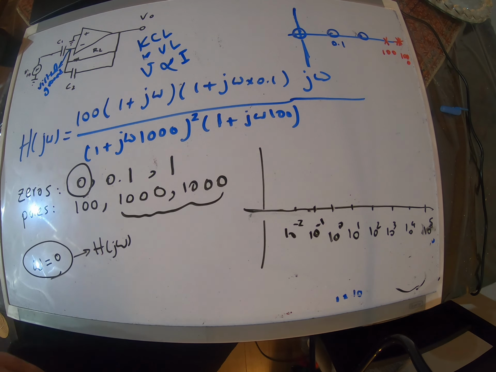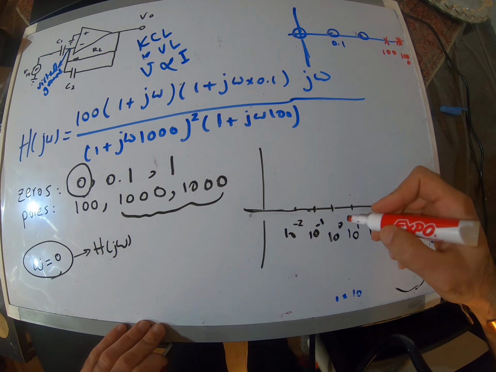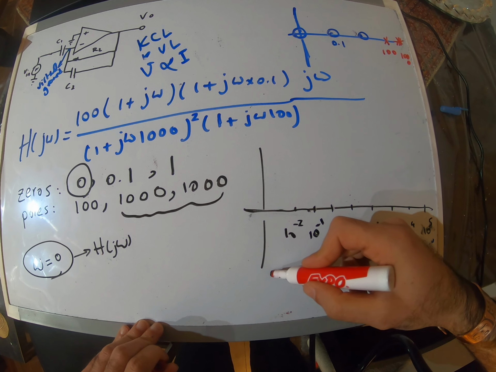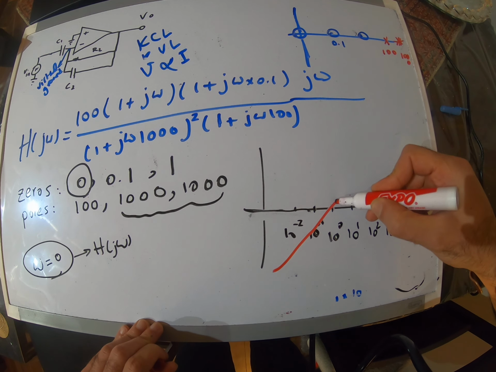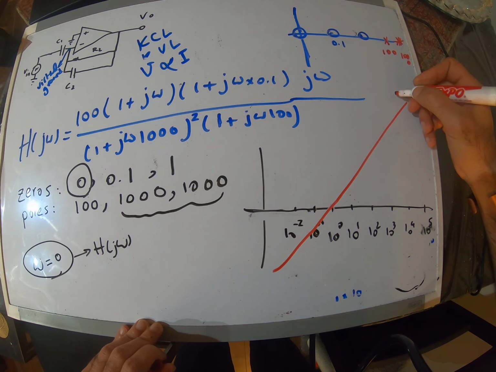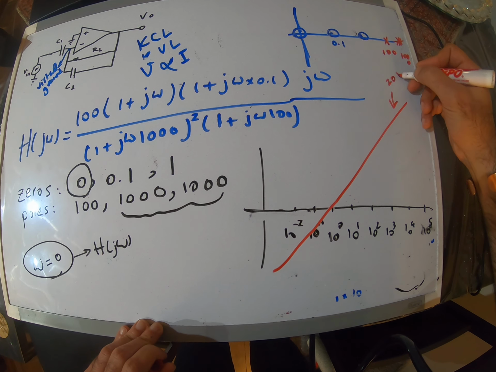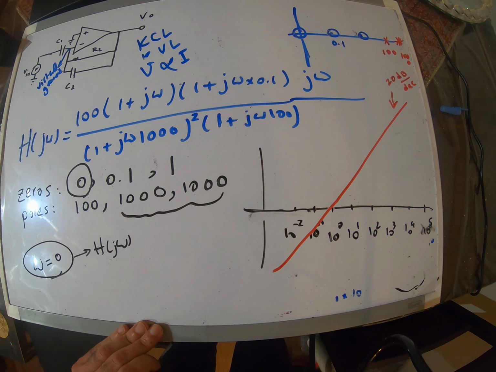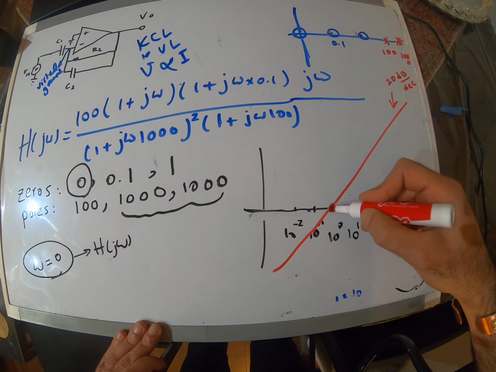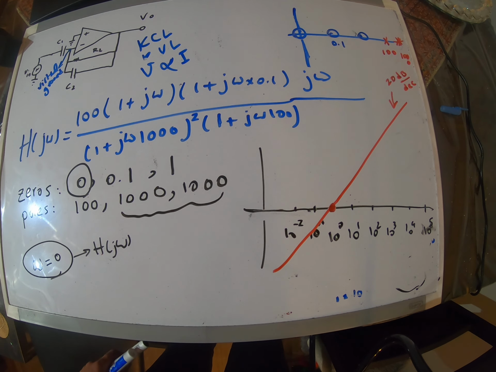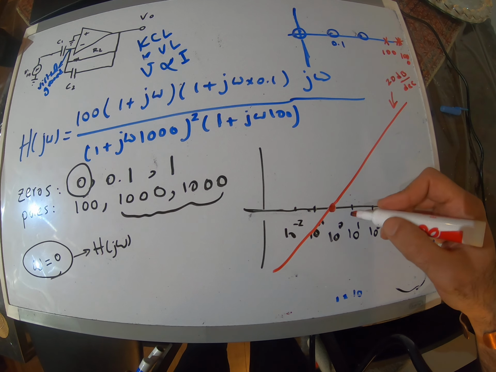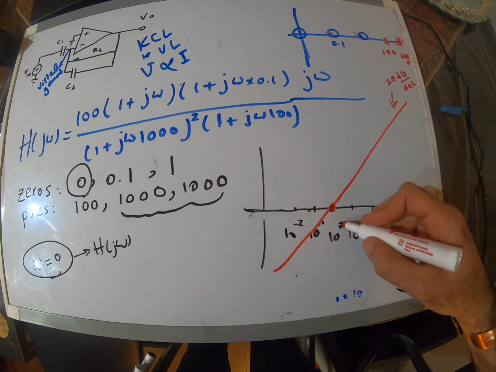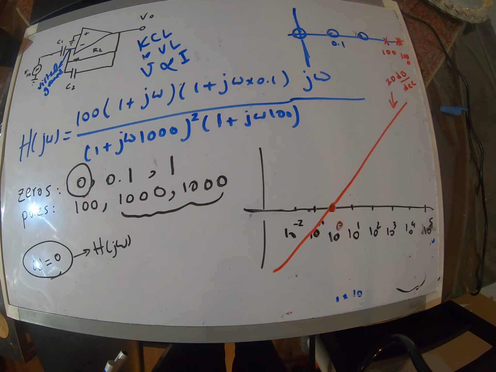The impact of this zero, as I mentioned in the previous section, is just going to be an increase in the magnitude with the slope of 20 dB per decade, but it's going to go through j omega equal to 1. This is 10 to power 0. 10 to power 0 is 1.